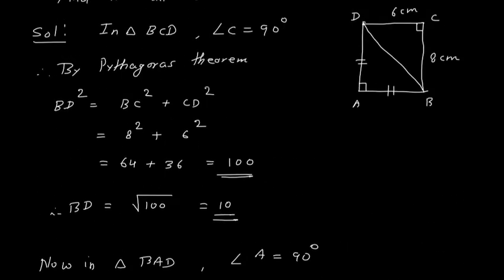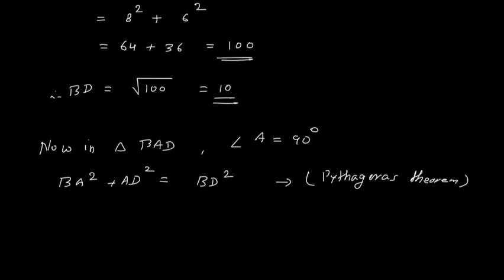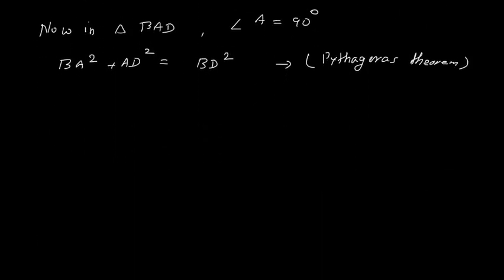Okay, now BA and AD, we have BA is equals to AD is given. AB is equals to AD, and what we have to find? We have to find the value of AB. So here this BA square, I will write AB square plus this AD is also equal to AB. So this is AB square is equals to BD square. Now BD square is 100. So 2 times AB square is equals to 100.